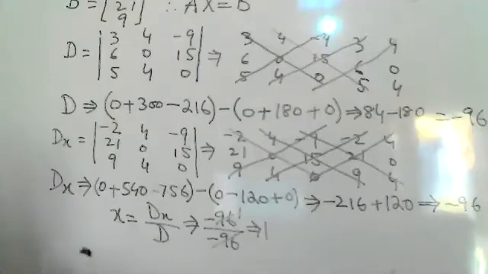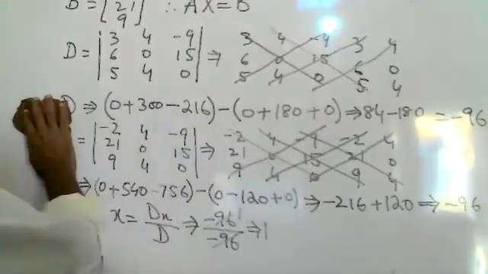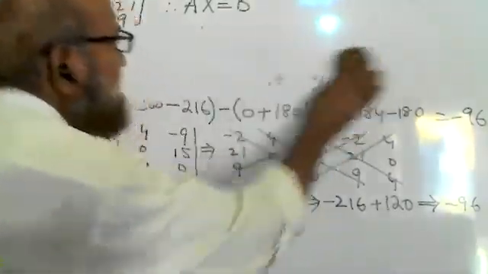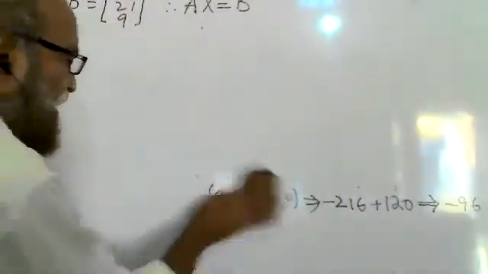So first we find dz. D is minus 96. Now we will find dy.